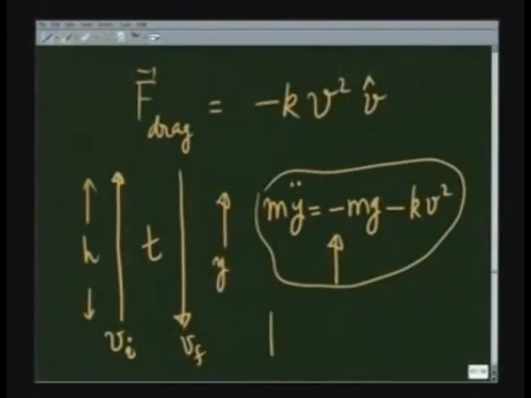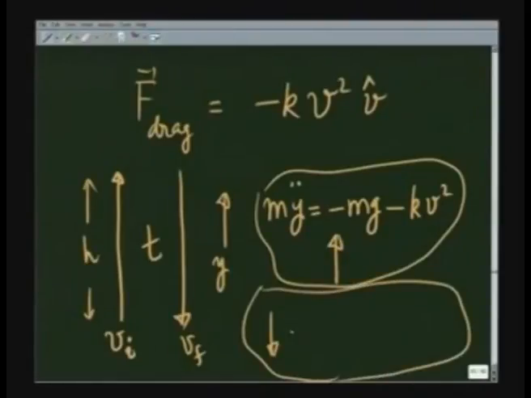When the particle is coming down, I would have m y double dot is equal to minus mg plus k v square, because in that case the drag force would be acting in upward direction. That is why I took this particular example.